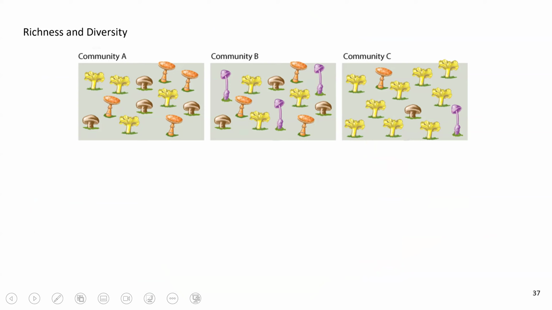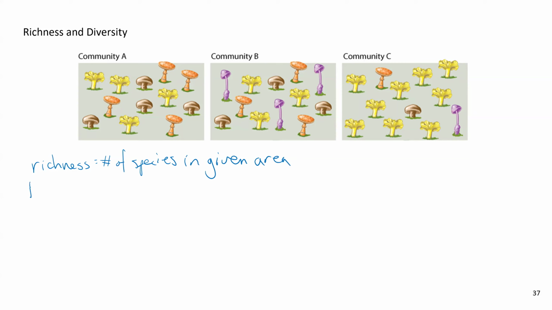So diversity is your proportion of species. We have richness of species, and that's the number of species in a given area. And diversity is the proportion of species of one type.